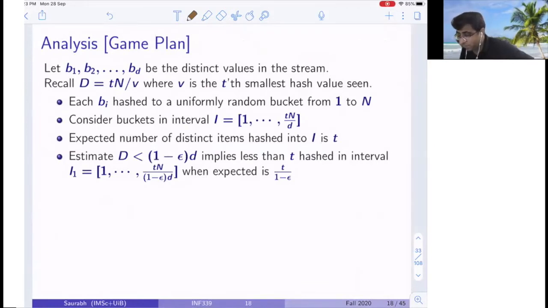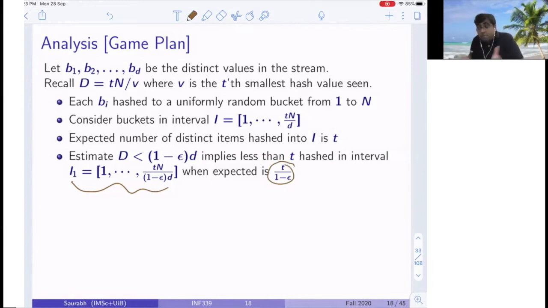D being less than 1 minus epsilon times D implies that less than T hashed in this interval, right? This is what I was explaining before. It means that in this interval the number of distinct values is T over 1 minus epsilon, whereas what is expected is T into 1 minus epsilon.